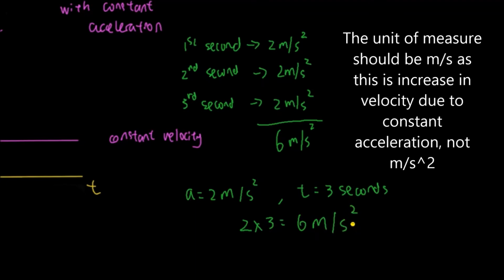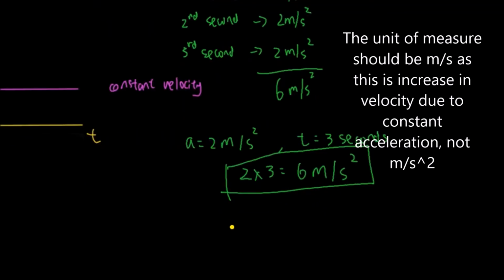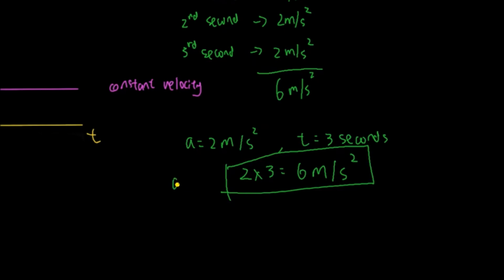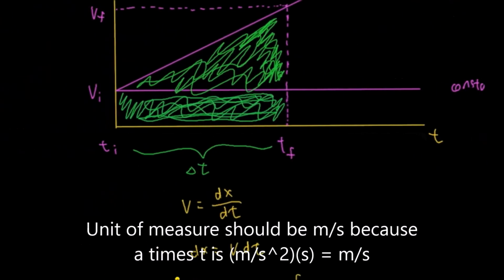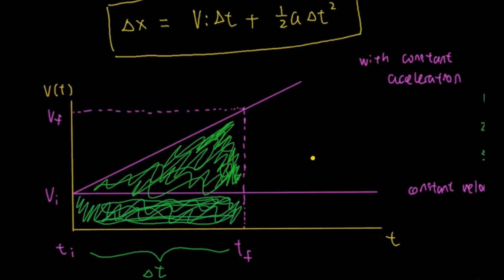It's basically a times t, your acceleration times time. And of course, over here, a times t is basically a times delta t, the change in time, from time 0 to t final.